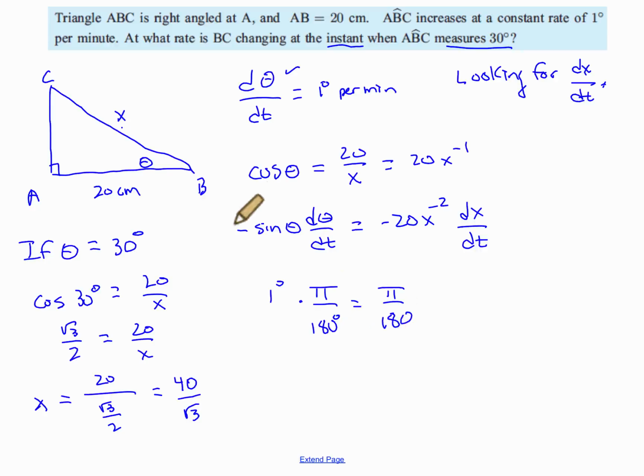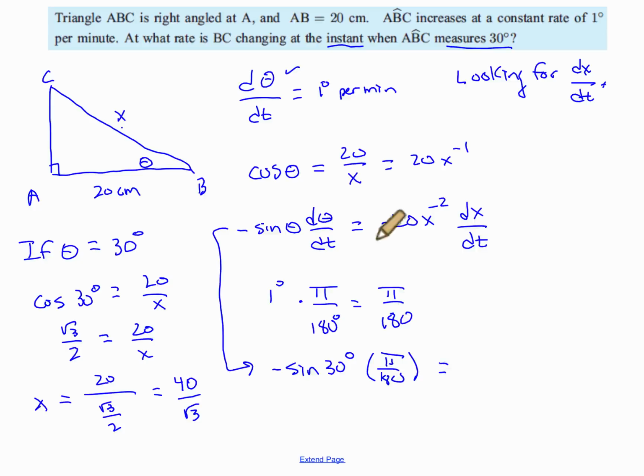So using this formula and everything that I have found out, negative sine 30 degrees, because again, we're looking at the instant when ABC measures 30 degrees, times d theta dt. Well, 1 degree per minute is equal to pi over 180.